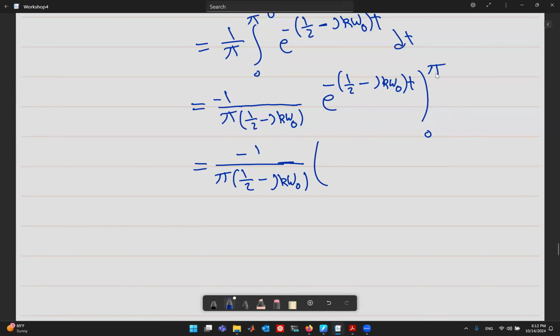And then here we have exponential minus 1/2 minus j k. I'll plug in omega naught, so it will be 2. This is j, and this is pi, minus exponential 0.